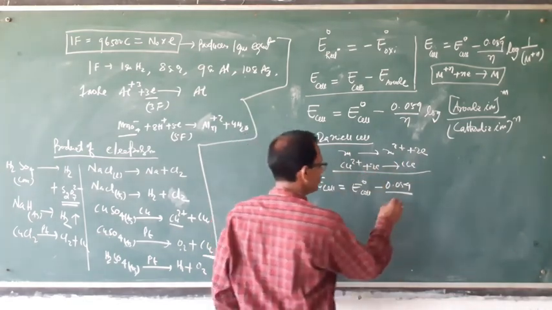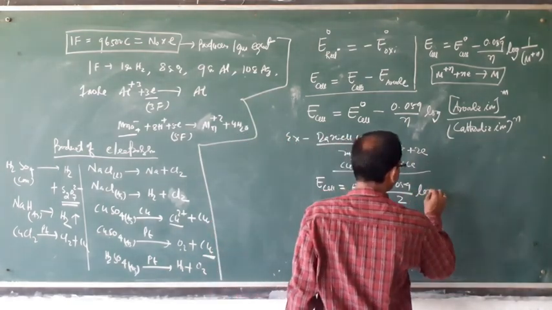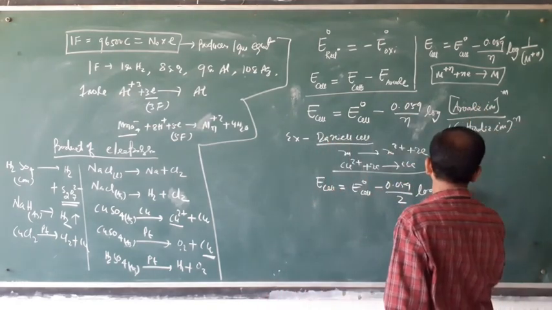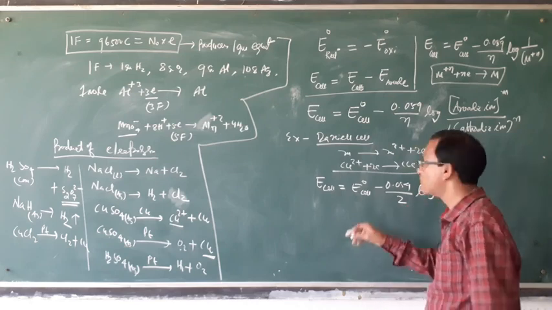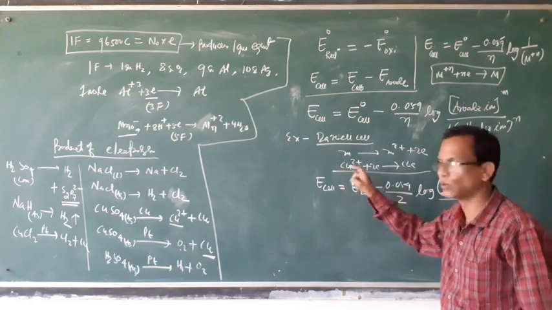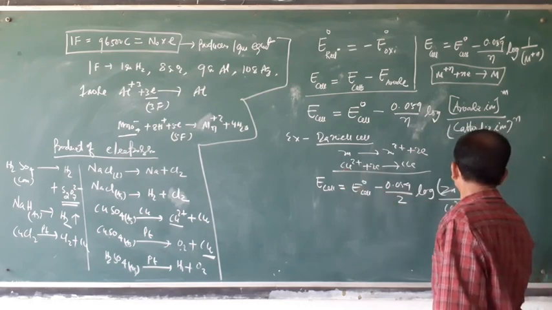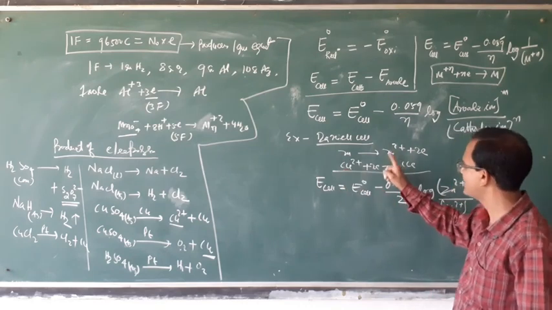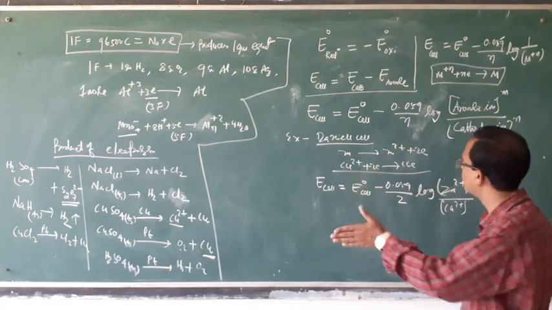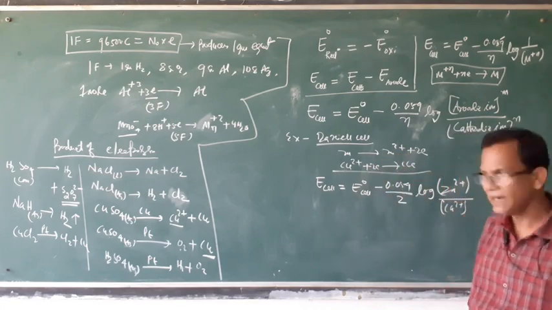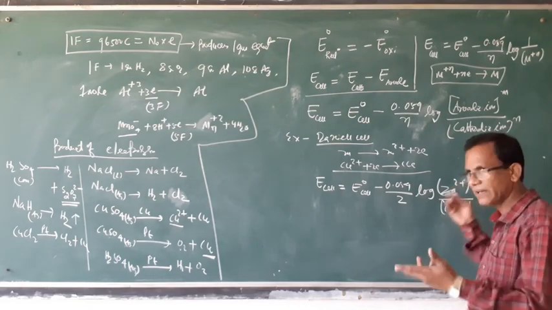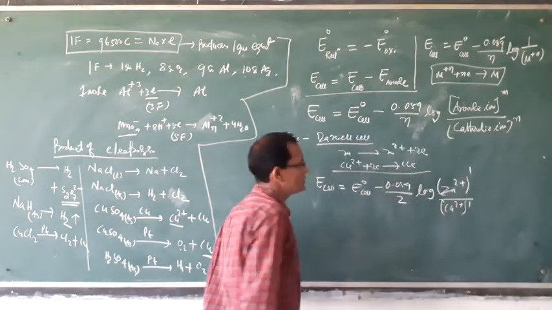That means 2 log, here the anodic ion is Zn2+. The anodic ion is the one produced from the anode, upon the cathodic ion produced from the cathode, that means Cu2+. As there is one zinc ion and one copper ion, because the 2 electrons are already balanced, no coefficient will be multiplied, so it is 1, 1. You may write it or not.